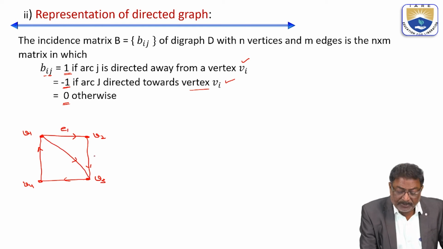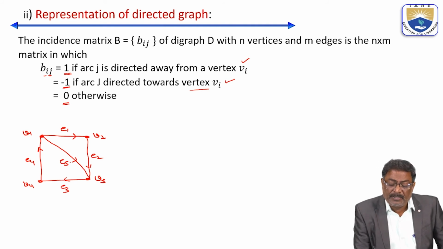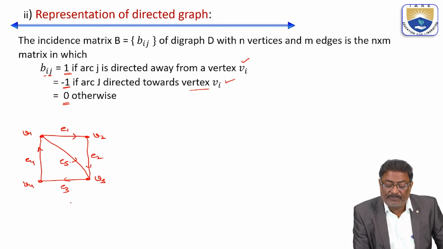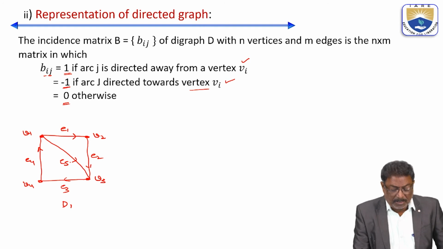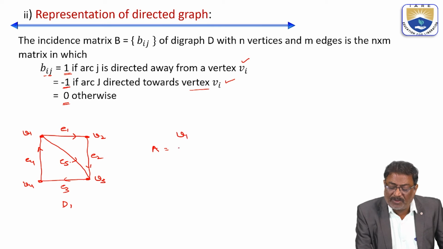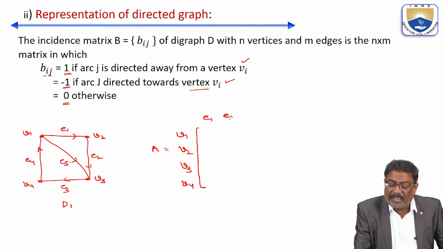So E1, E2, E3, E4 and E5. Here this is the directed graph D1, and its incidence matrix, let it be A. So what is that? V1, V2, V3, V4, and it is having 5 edges: E1, E2, E3, E4, E5.